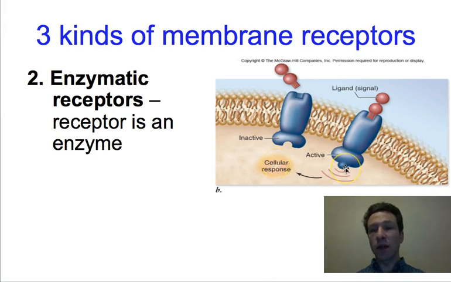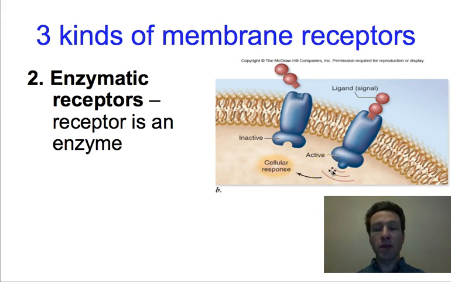As we said, one thing that often happens in signal transduction is phosphorylation. So perhaps in its inactive state, this cannot phosphorylate other proteins, but once turned on, then this enzymatic receptor will be able to cause phosphorylation of other proteins.